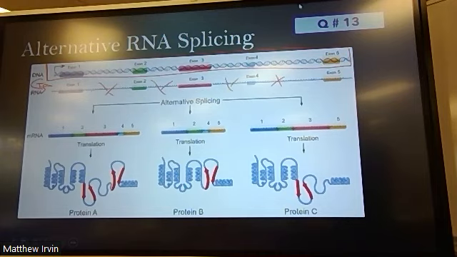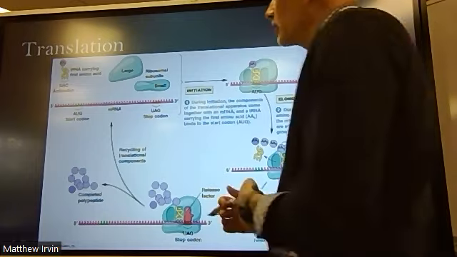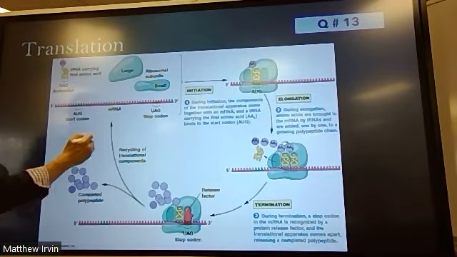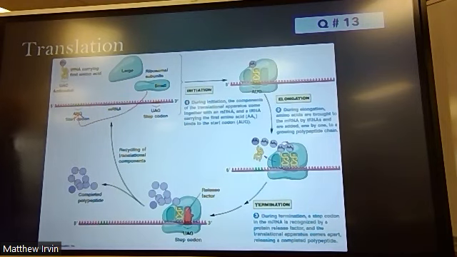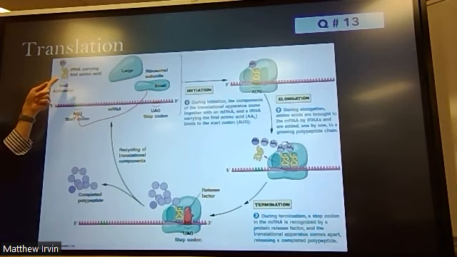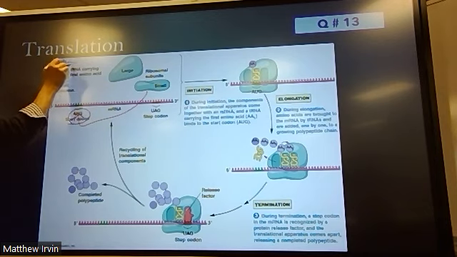Now, once we are to the point of translation, a quick overview: we are going to have our small subunit bind to the beginning, and then the first tRNA, which is going to match to our AUG codon, is going to bring in the start methionine.